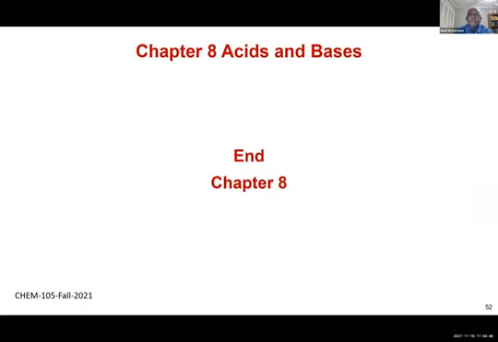So we have gone over chapter 8, acids and bases. The definition of acids and bases. Weak acids, strong acids, weak bases, strong bases, and how we identify them. We also talked about Ka values, pKa values, and Kw, 1 times 10 to the negative 14, the ion product of water.